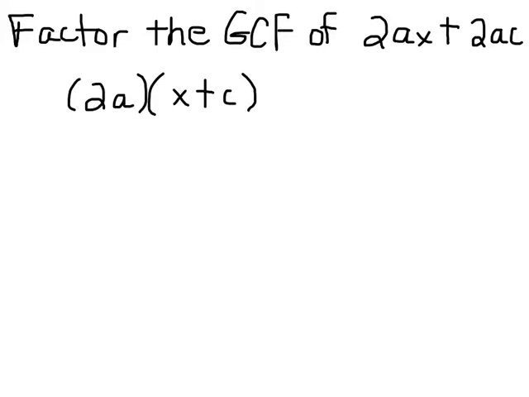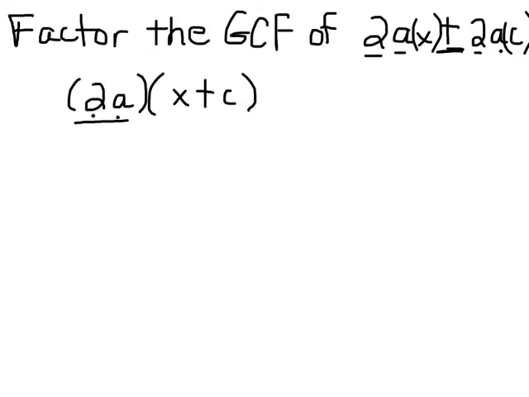Alright, this says factor the greatest common factor, or GCF, of 2ax plus 2ac. Well, the only thing that these two have in common, they both have a 2 and they both have an a. So those would be the greatest common factor. The one step further from yesterday is what's left over. Here I've got an x, and here I've got a c, and I've got the plus sign.